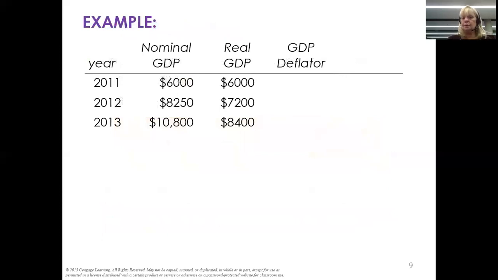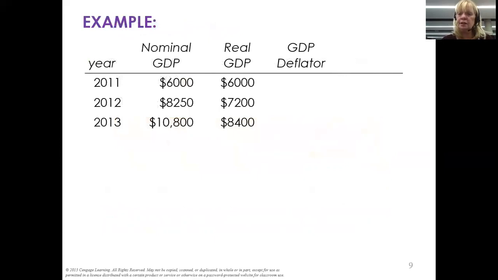Here we are with the nominal GDP and real GDPs that we calculated previously. So for the first one, it's nominal GDP 6,000 divided by real GDP 6,000. 6,000 divided by 6,000 is 1. Multiply by 100. 1 times 100 is 100.